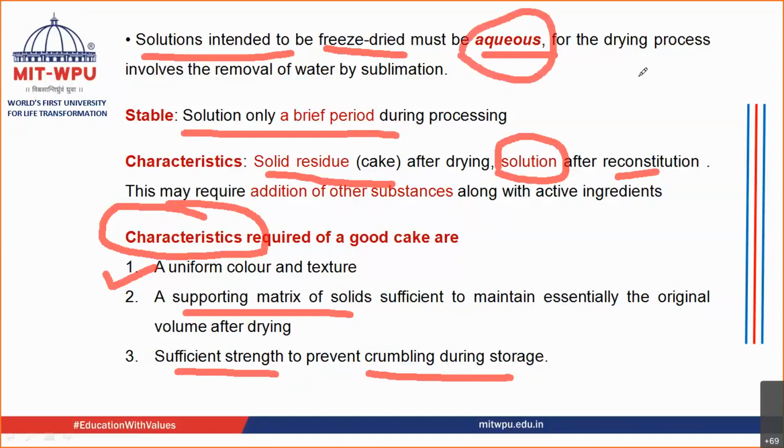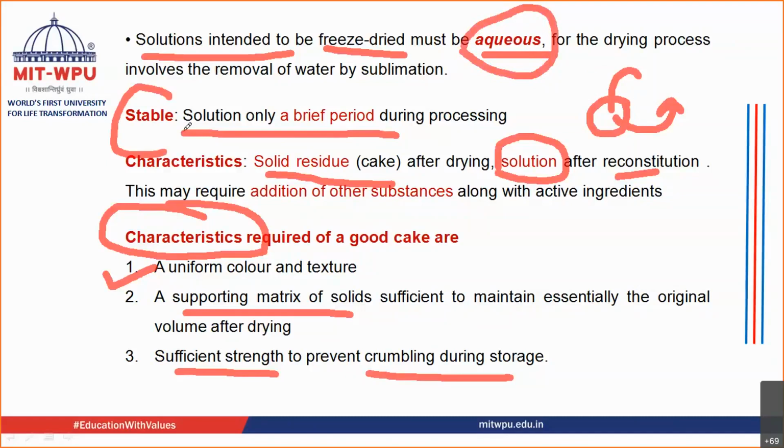You're taking the dry powder, the active ingredient, converting it into a solution, and this solution is converted back into dry powder, and this process happens within say 1 or 2 hours, or maybe 6 hours. As this process is very fast, the solvent comes in contact with your active ingredient for a very short period of time. Hence, it is stable in nature. So the stability problem is not there, even if you are preparing an aqueous solution of your active ingredient. But as I told you, these are some of the characteristics that are required.